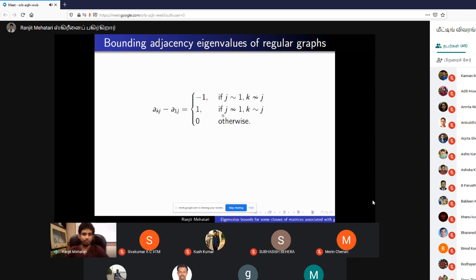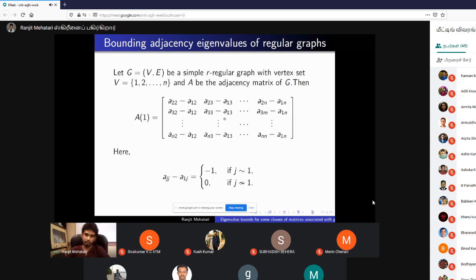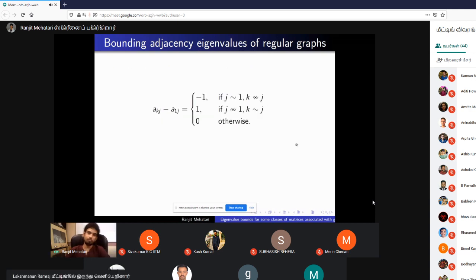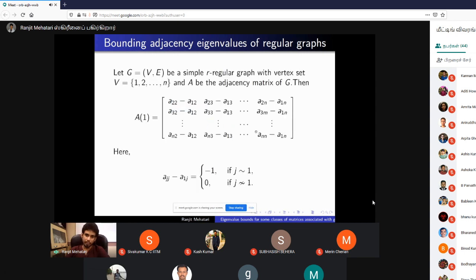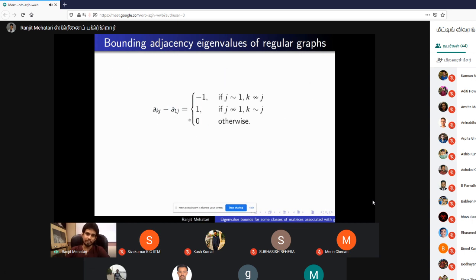Now, for the other entries of that matrix, we have three possibilities. Any arbitrary entry we can write as A_kj minus A_1j. That will be minus 1 if j is connected to 1 and k is not connected to j.